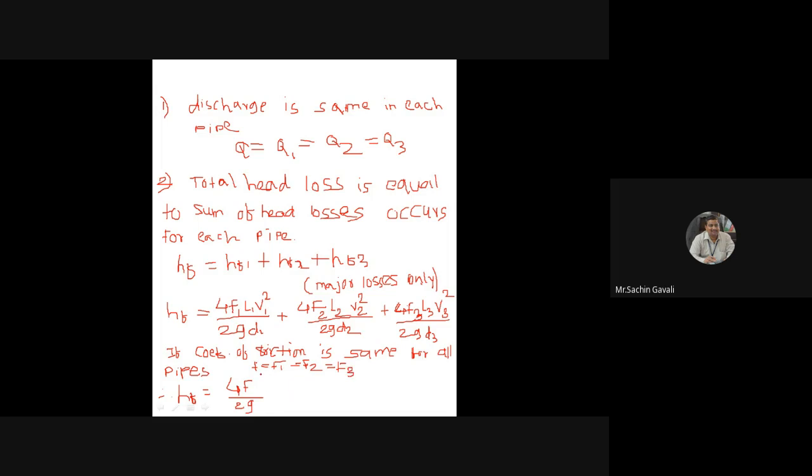Okay, and 4f upon 2g divided by here L1 V1 square divided by D1 plus L2 V2 square divided by D2 plus L3 V3 square divided by D3.